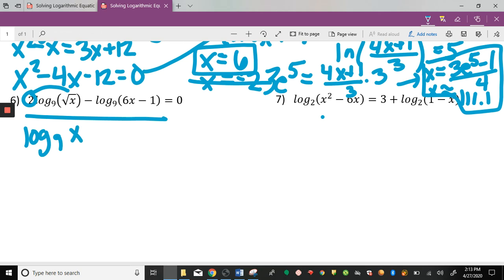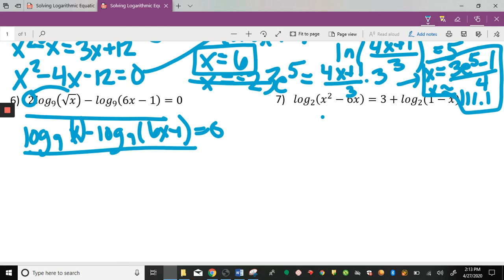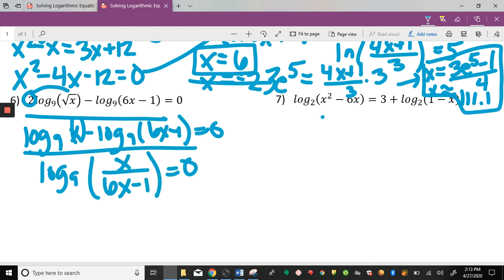Square root of x times square root of x is just x, minus log base 9 of 6x minus 1 equals 0. Now I can divide those two things. There we go. So that becomes log base 9 of x over 6x minus 1 equals 0.